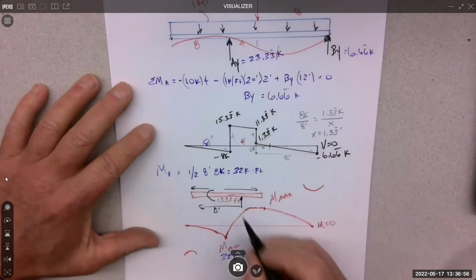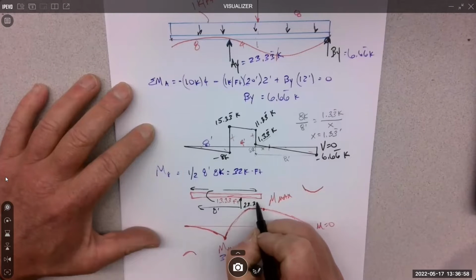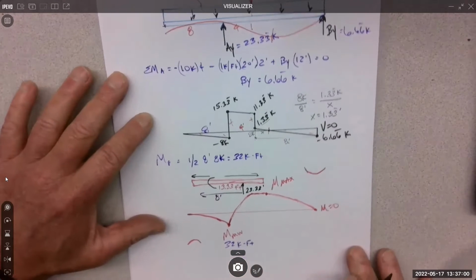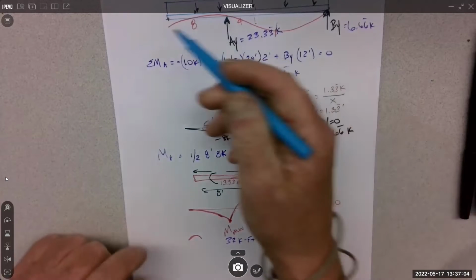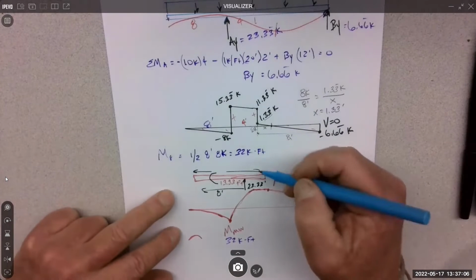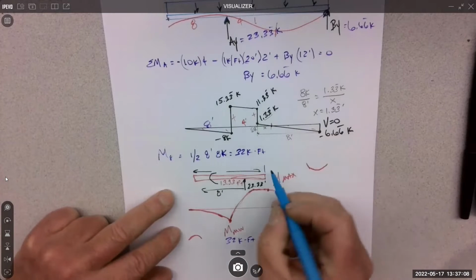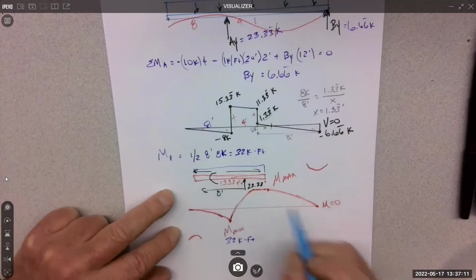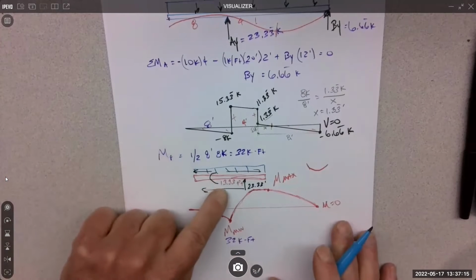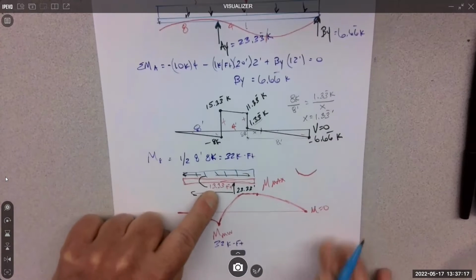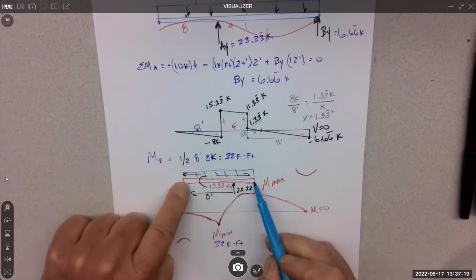And we're 13.33, right? And we have a distribution on there, 1 kip per foot. So, yeah, we're 13.33 for overall, right?